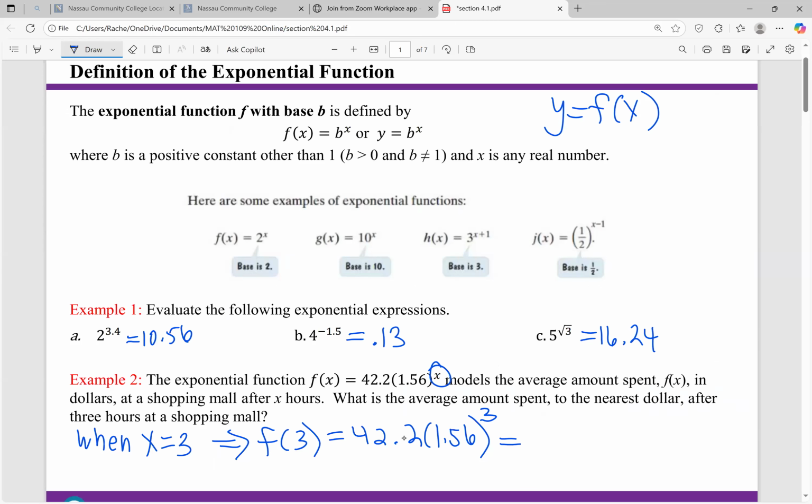So this is going to be approximately $160 after 3 hours at the shopping mall. So really, these first two examples are just practice evaluating an exponential expression.